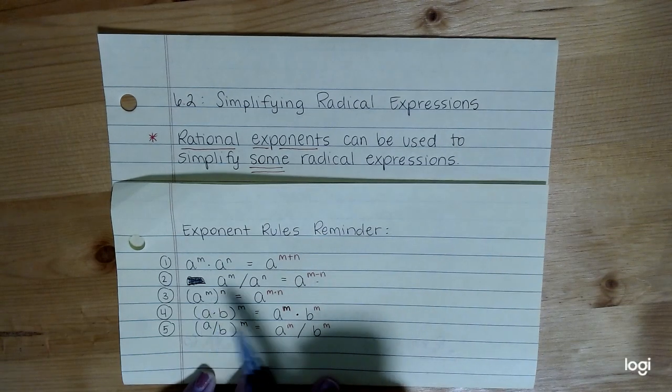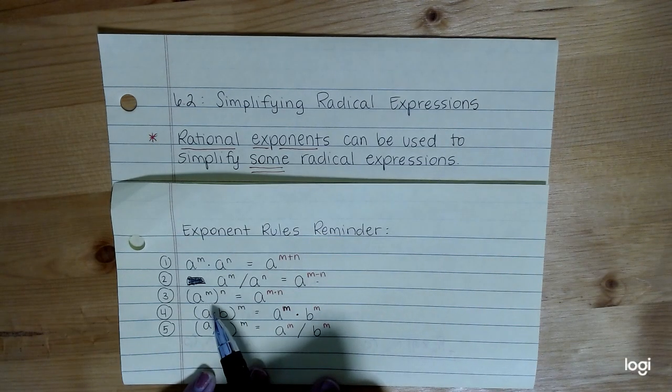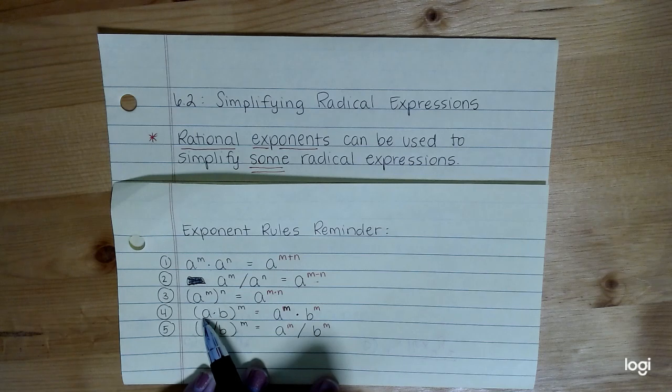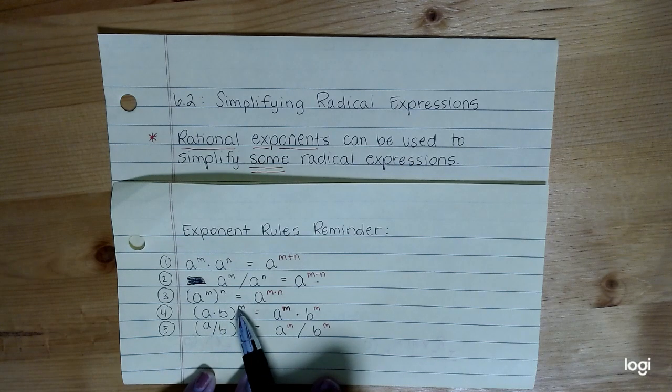And then I think in a previous video I said product to power rule when I meant power to power rule. And here, if we have a product raised to a power, then we get to raise each component of that product to that power.